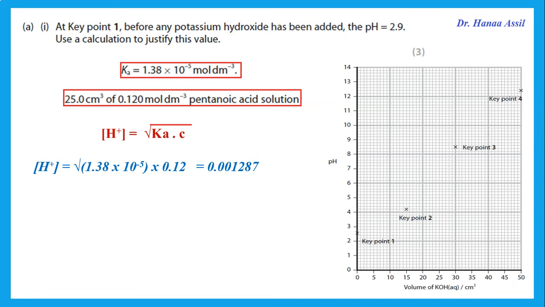So the Ka I have, and the concentration is 0.12 mol/dm³. So this is the concentration of H+. How do we get pH from the concentration of H+? The pH is minus log of the concentration, and that means the pH is 2.9.